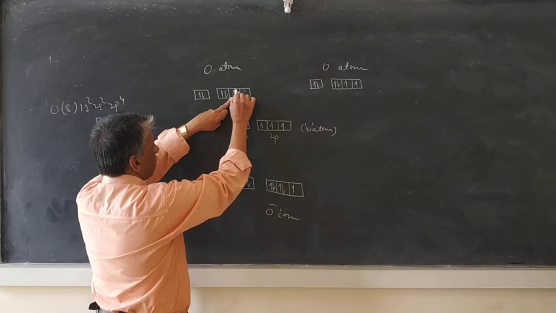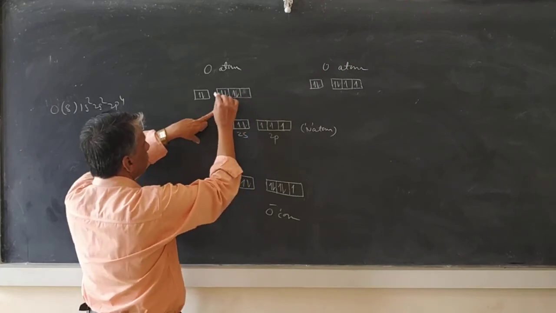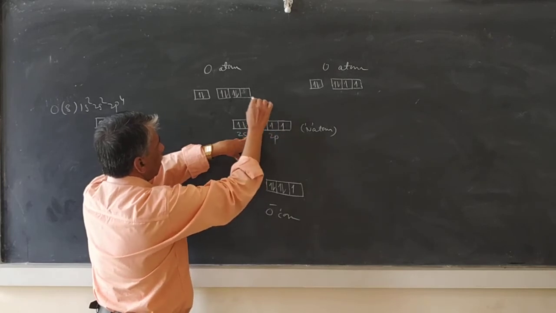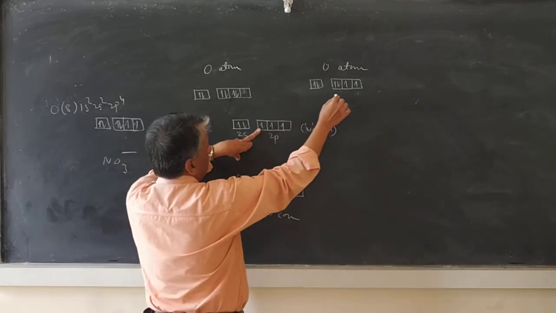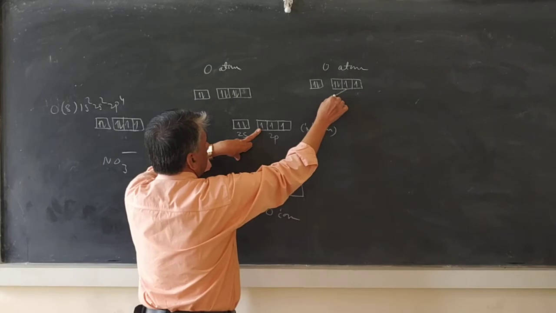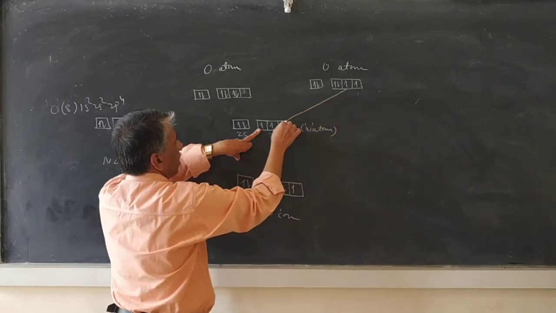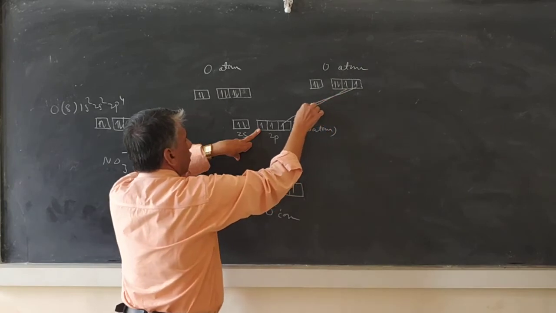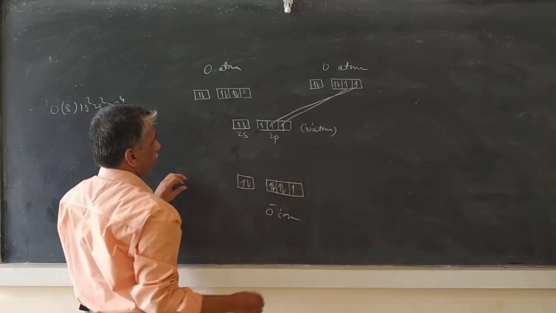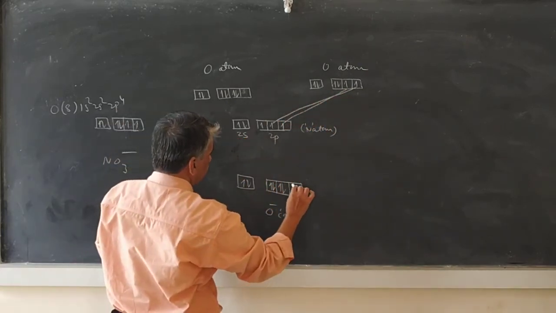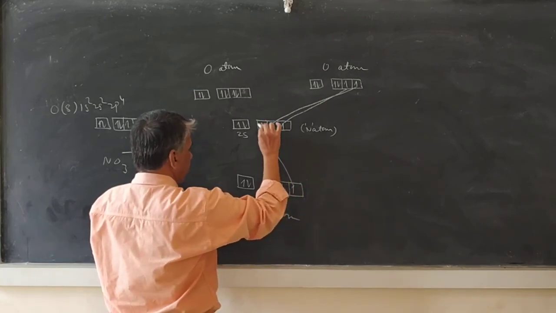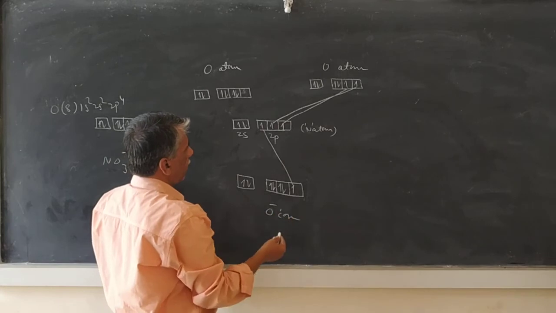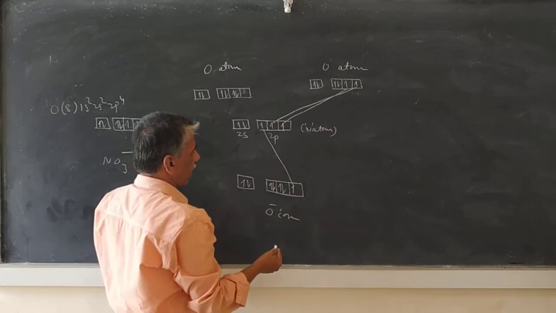This electron is forced to pair here, and now this electron can join here, this electron can join here, and this electron can join here. And like this, you will get the NO3 minus ion.